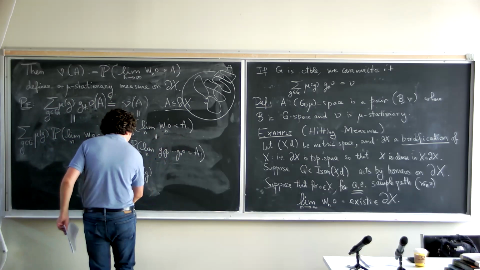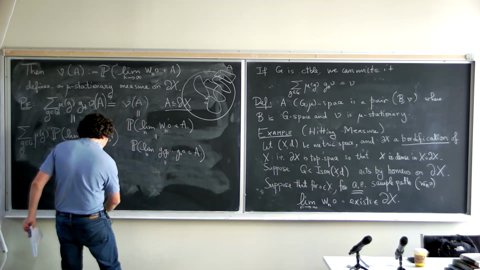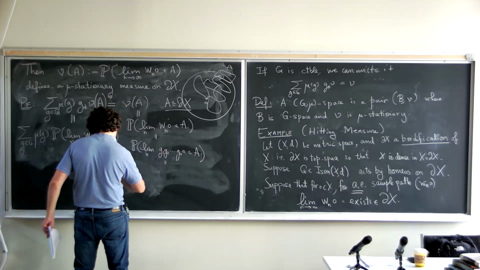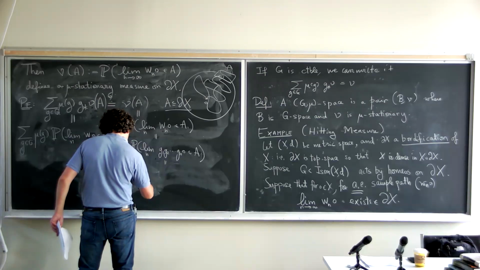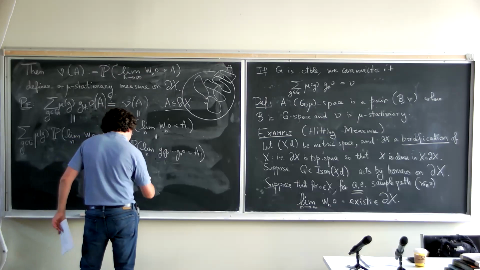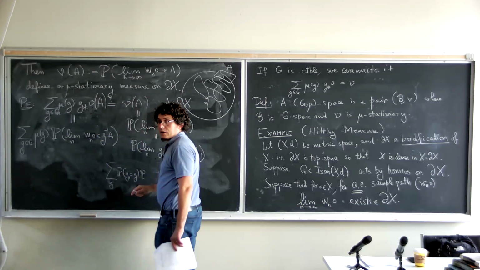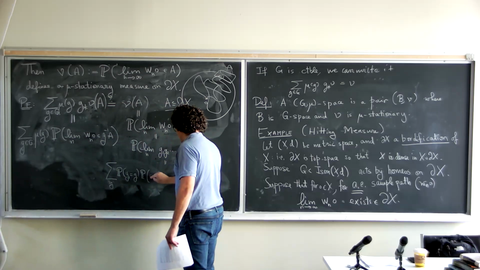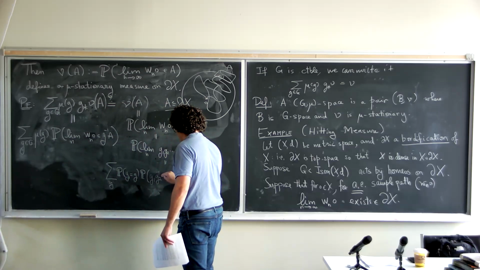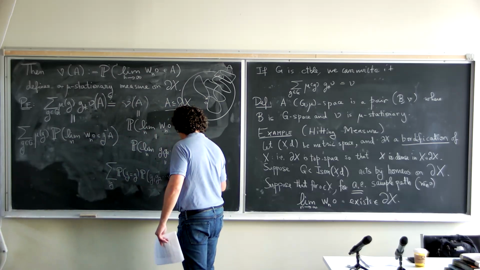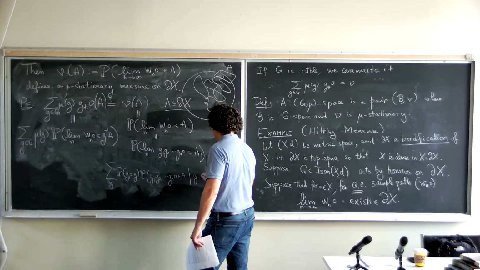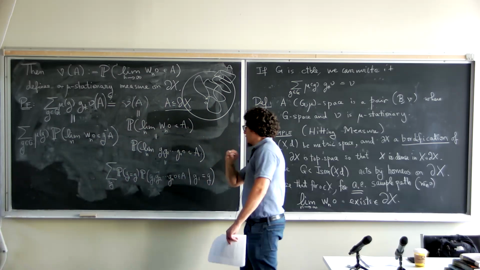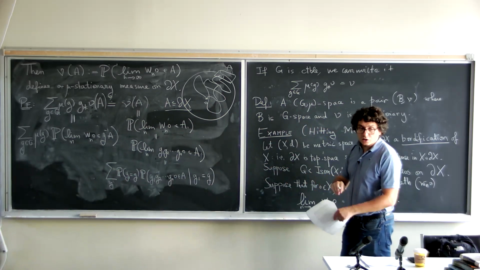So let me write it a bit bigger. This is the probability that g_1 equals g, times the probability that the limit of g_1 g_2 ... g_n O is in A, given that g_1 equals g. So this is the full conditional.